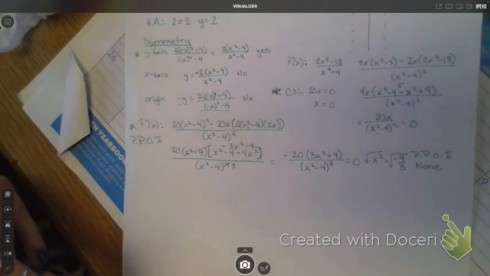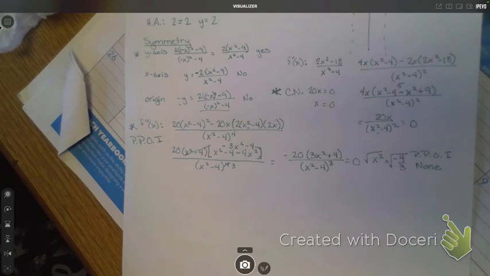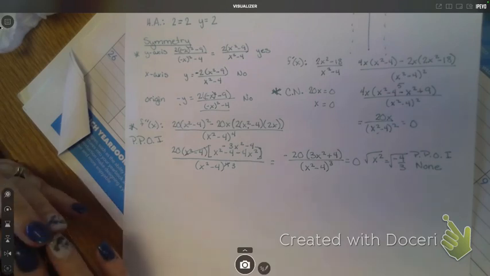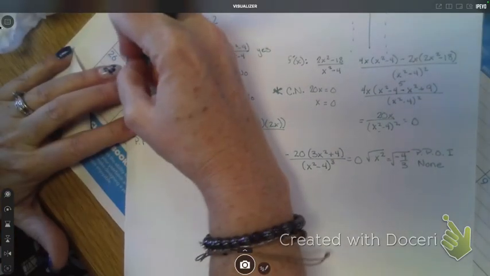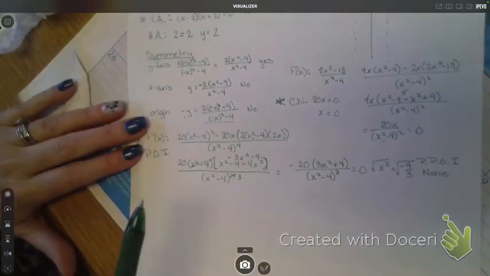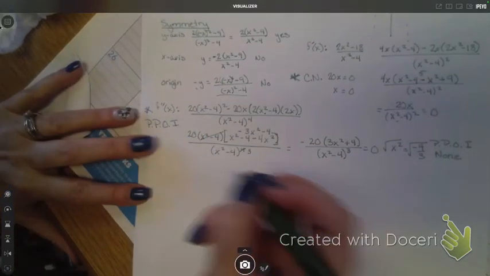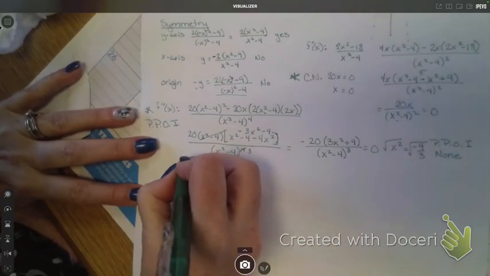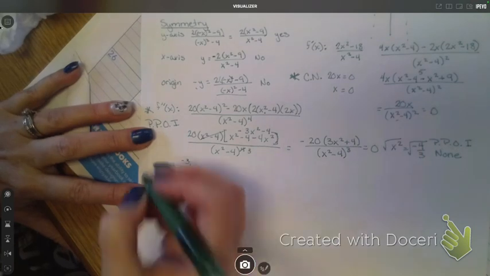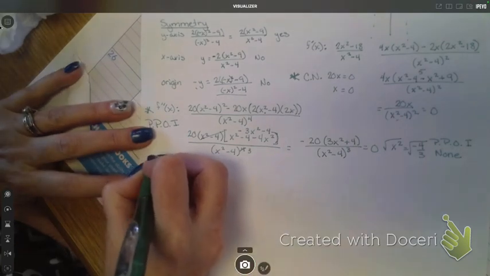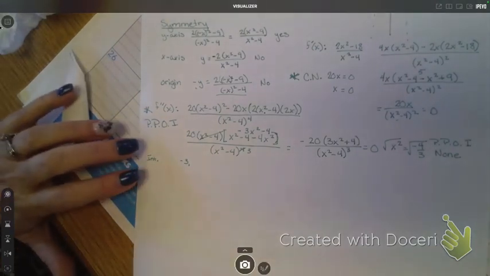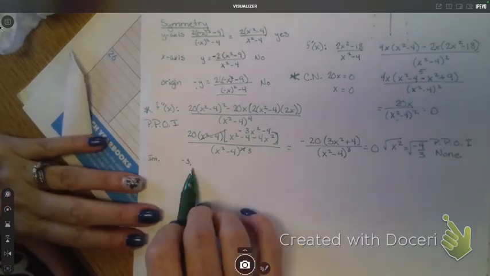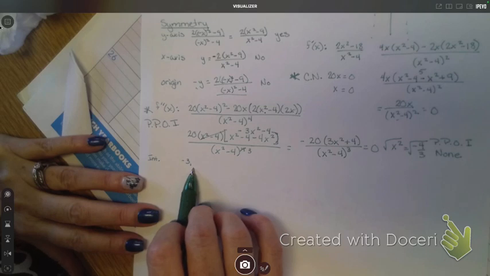So, let's write them in order. So what is your smallest important thing? -3. So just make a little list. So -3. And then maybe I'll just put intervals. Okay. So -3. Then what's my next one? -2.